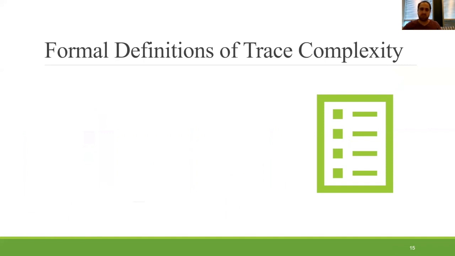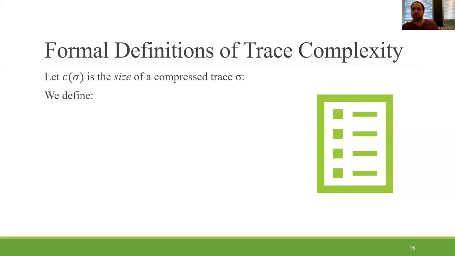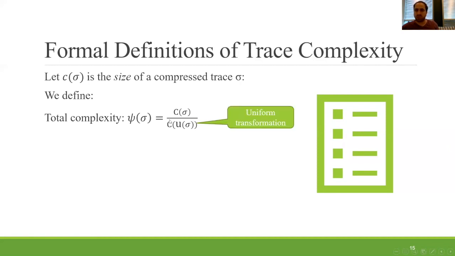So let us talk about the formal definitions of complexity. Let us assume that C of sigma is the size of a compressed trace sigma. We define total complexity as the ratio of the size of a compressed non-randomized trace to the size of the uniform trace. Essentially, the ratio of a trace which contains all of the structure to a trace that contains no structure. We then can also define temporal complexity.